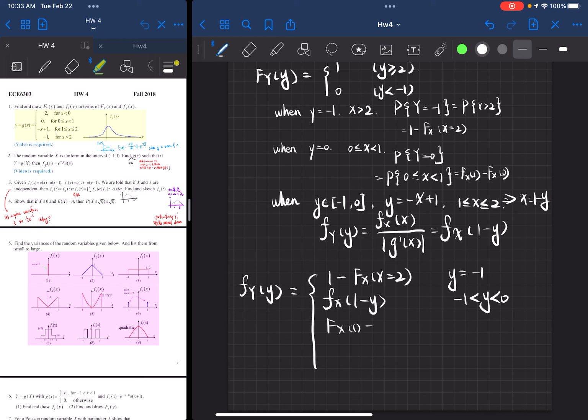We just put the summary of what I got in the above calculation.